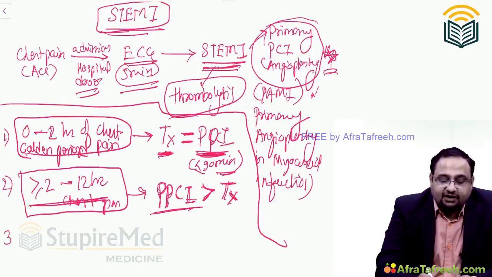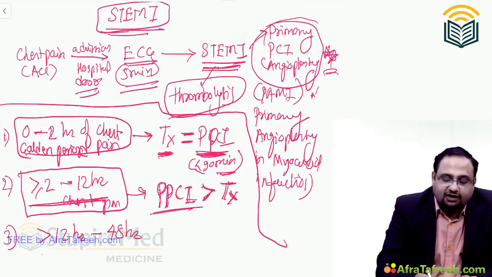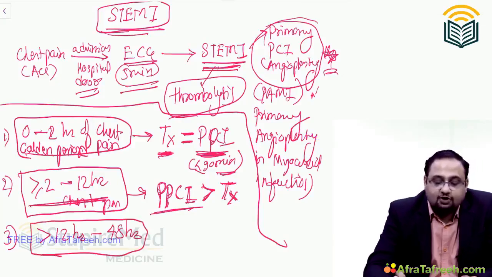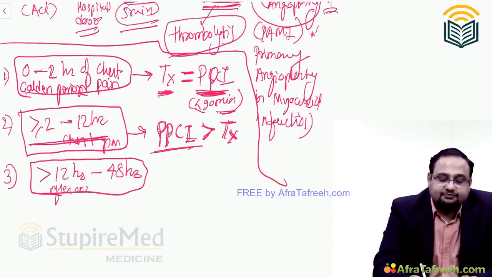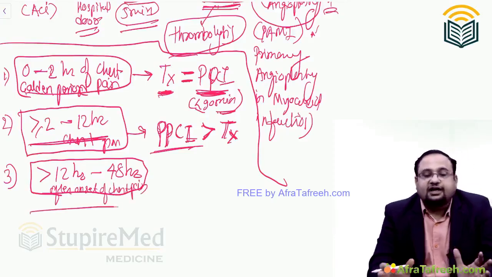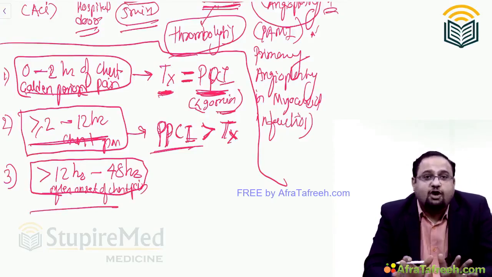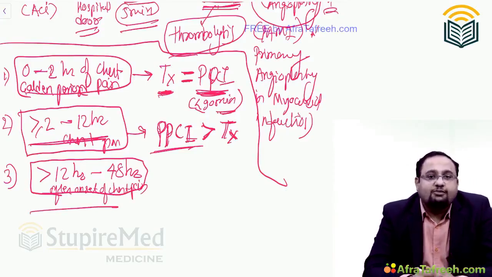Number 3, if the patient comes between 12 hours to 48 hours after the onset of chest pain, meaning chest pain start होने के 12 से 48 hours के बीच में अगर आया, which is the most common scenario we see in the Indian population.